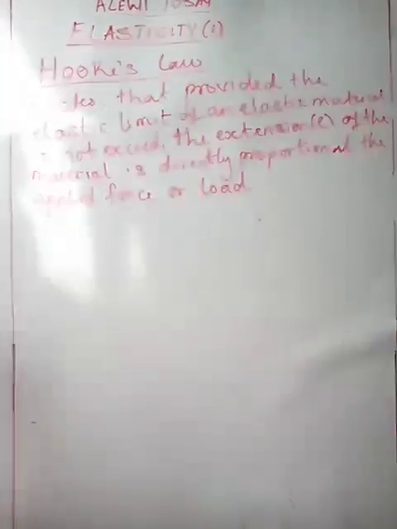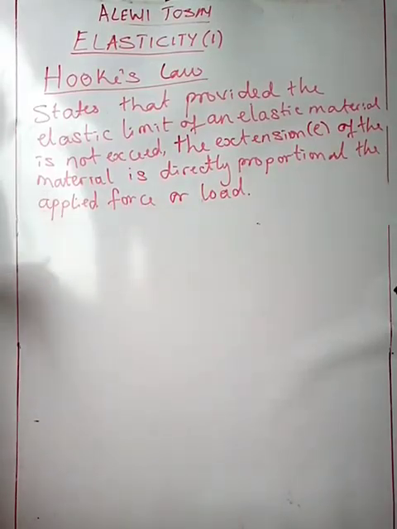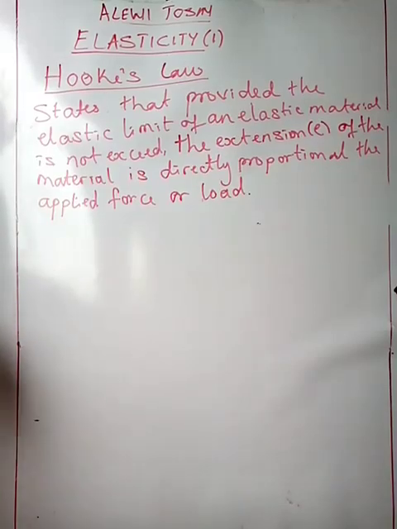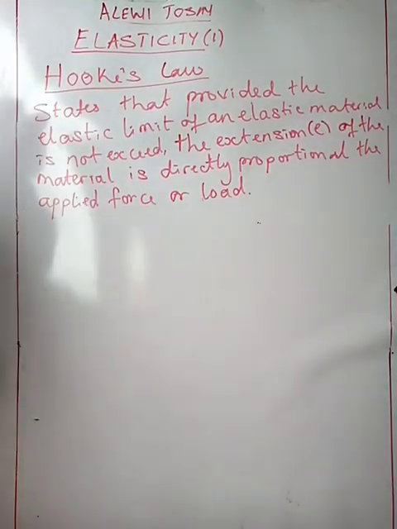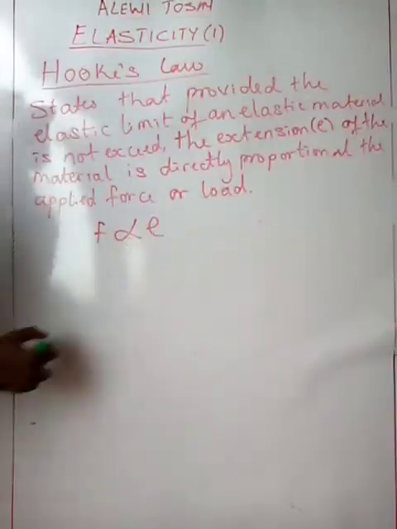So Hooke's law states that provided the elastic limit is not exceeded, the extension E of the material is directly proportional to the applied force or load. By formula, force is directly proportional to extension E.